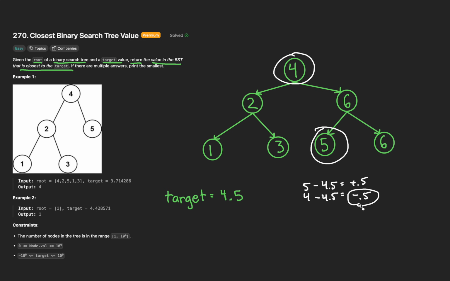All we care about is the distance from our target, whether that's positive or negative. Direction doesn't matter to us, so as you'll see, we'll just take the absolute value to normalize our distances. Anyway, since 4 and 5 are the same distance away, we're instructed to return the smaller value. Therefore, 4 is our answer. This is what we return. Okay, that's the premise of the problem.